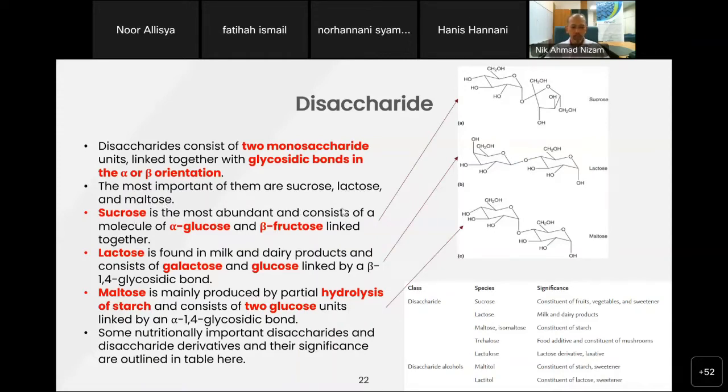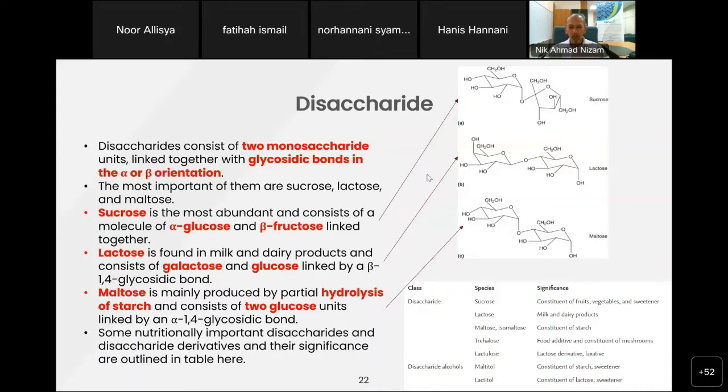Sucrose is the most abundant and consists of a molecule of alpha glucose and also beta fructose. So there is alpha and also beta. This is glucose and this is fructose. These are different structural forms of the molecule; they call it conformation, in the form of a ring.